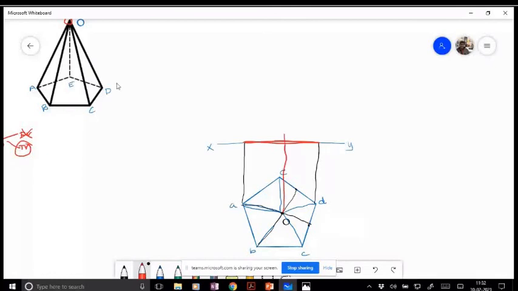On this vertical line, from this point you need to mark 60 mm, and that will be your O dash.